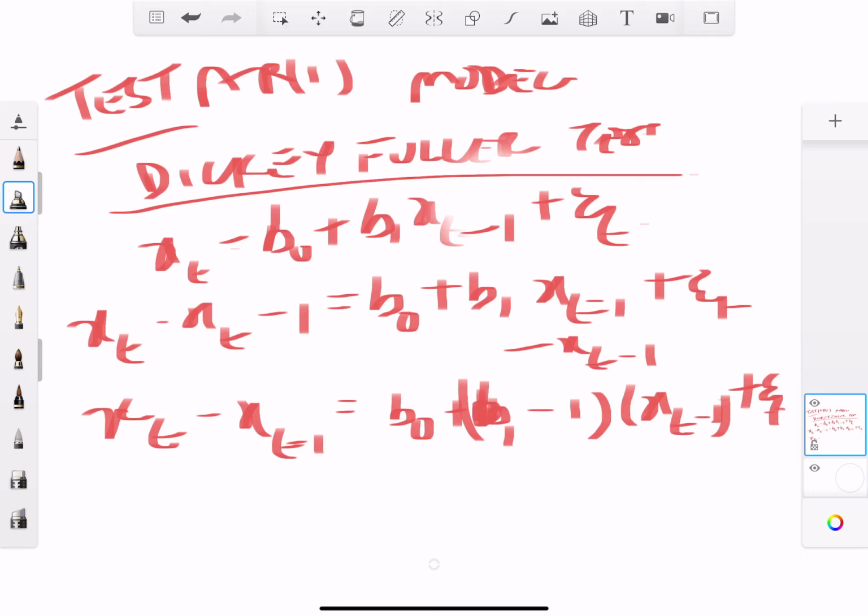So when you talk about the Dickey Fuller test, we're going to be testing this very equation. In Dickey Fuller test, we consider this as B1 minus 1.